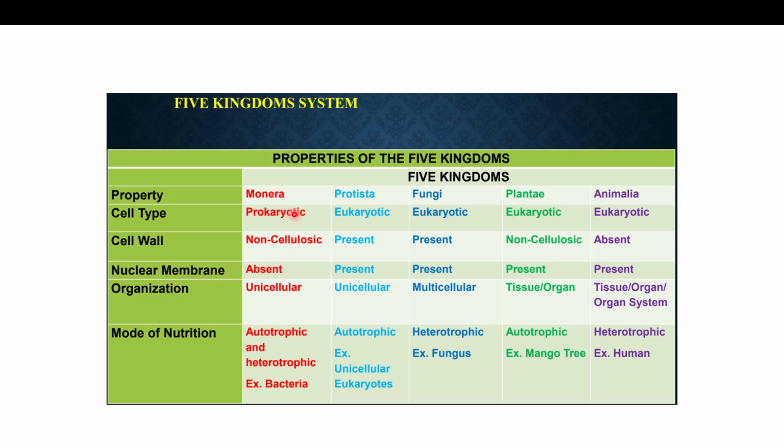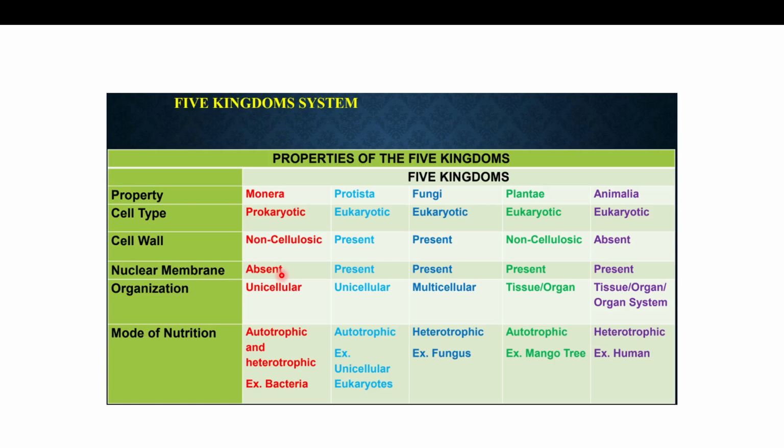Nuclear membrane, that is the difference between prokaryotes and eukaryotes. Prokaryotic organisms do not have a well defined nucleus; rather they do have genetic material, but without any compartmentalization, not really nicely compartmentalized or membrane covered region with concentrated genetic material.